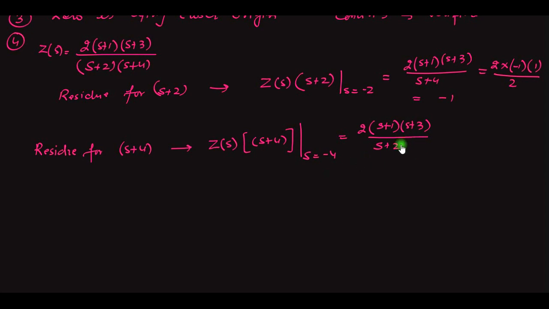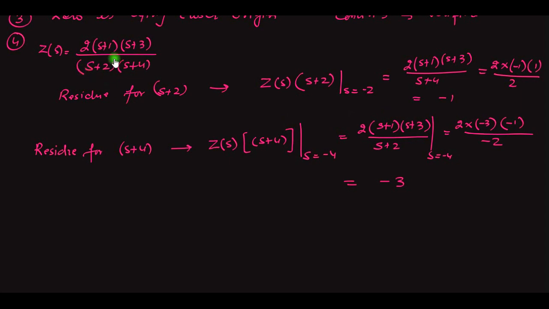Now I will substitute s = -4 here. I will get 2 times -3 from this and -1 from this, divided by -2 from this. On solving, I will get the residue equal to -3. That is, the residue at s = -4 is -3. Also the residue at s = -2 is -1.